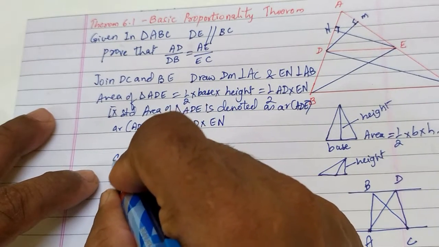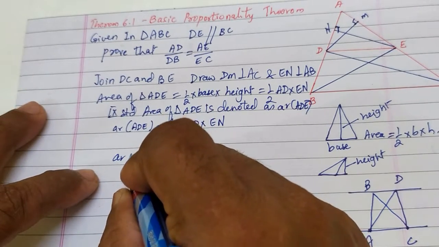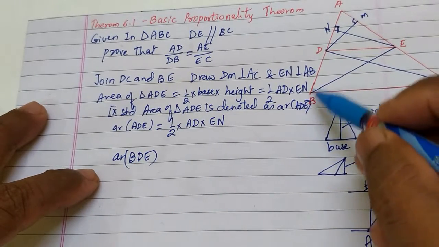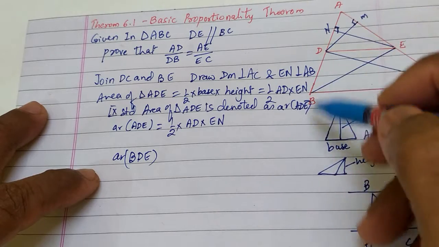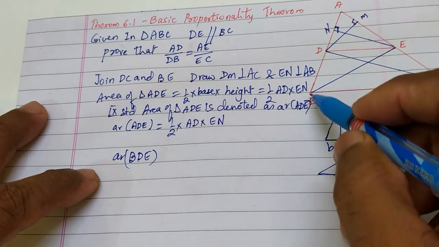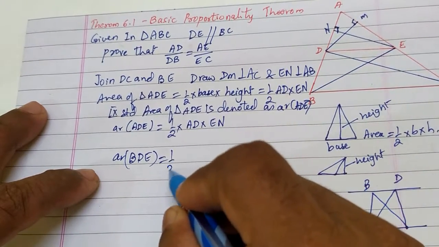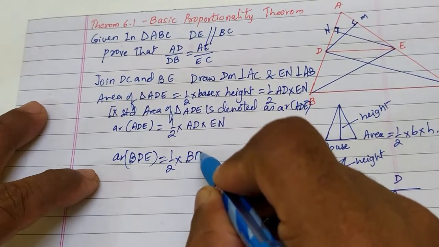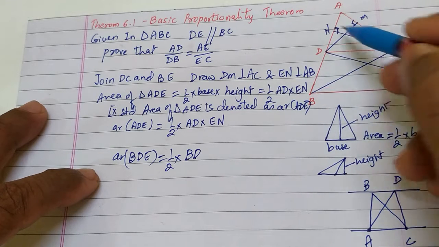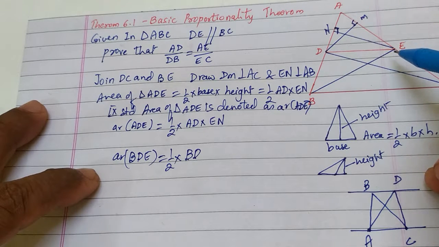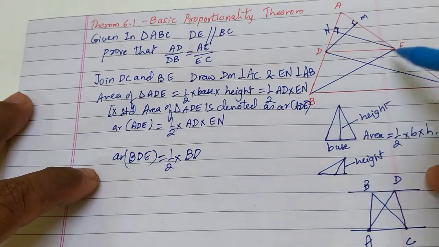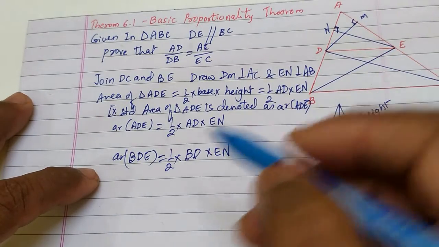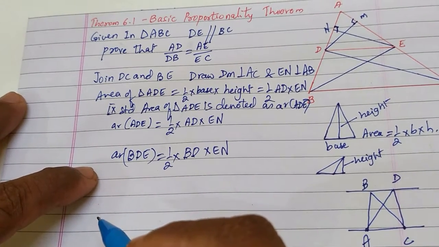Then again the area of BDE. What is that? BDE, this side. So the base will be BD, and the altitude, the height, is EN, so half into BD into EN. We'll take down these areas.